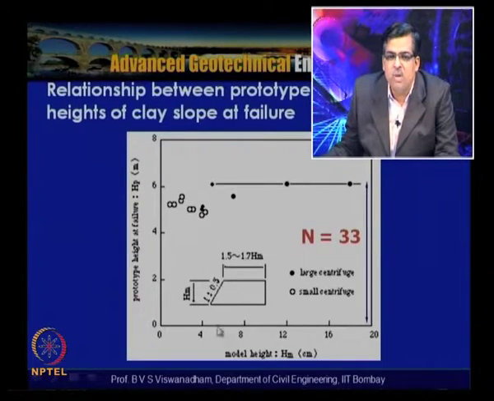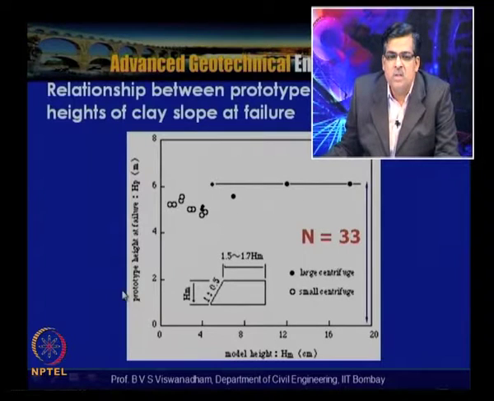The models were found to perform well and indicate the critical height of failure, whether it is at 5 centimeters, 12 centimeters, or 18 centimeters. You can see that a horizontal plateau can be obtained.